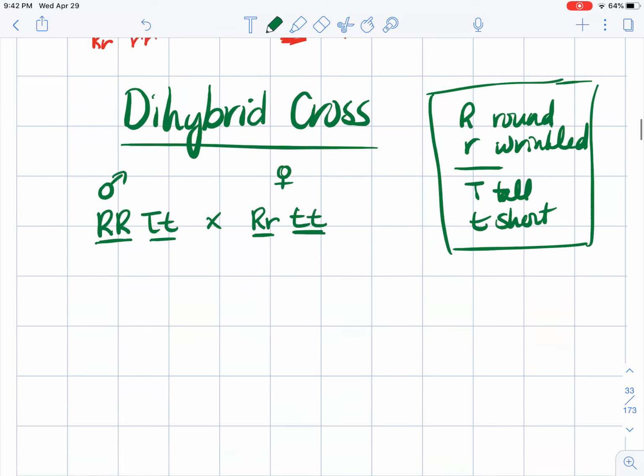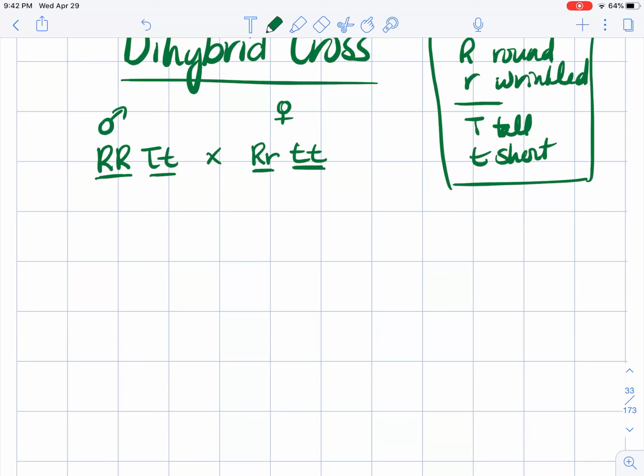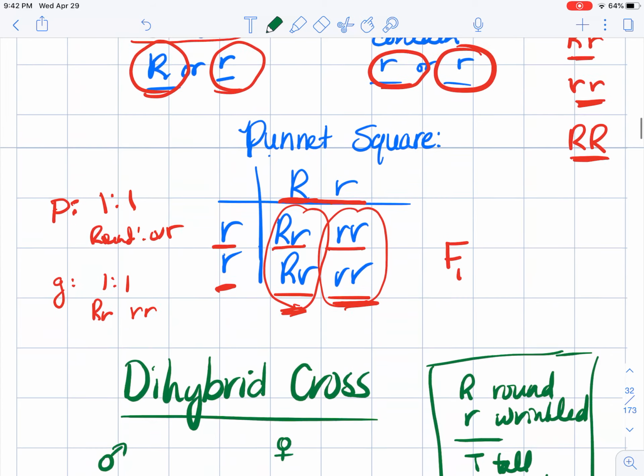So for each parent, you're looking at what their gene combination is, and you're trying to do a cross now to determine what kind of offspring they could have. This is a round, tall male crossed with a round, short female.